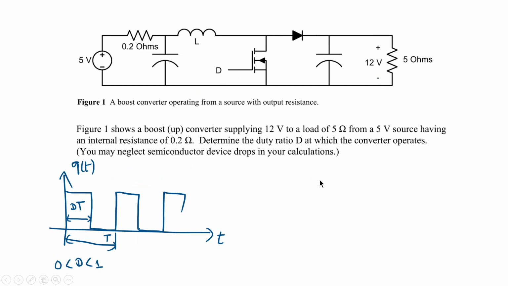Okay, so let me explain this exercise. So this is also a boost converter, which actually is the real, not the ideal one. This one happens in the real boost converter. Why do I say this?